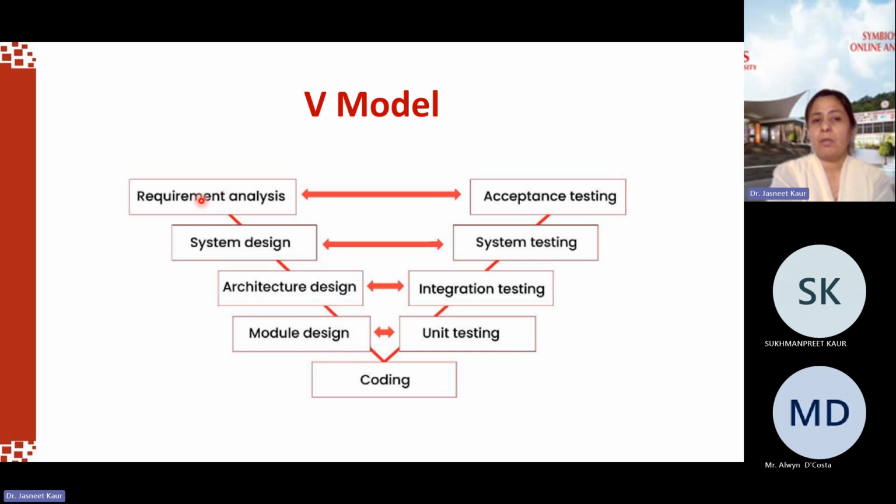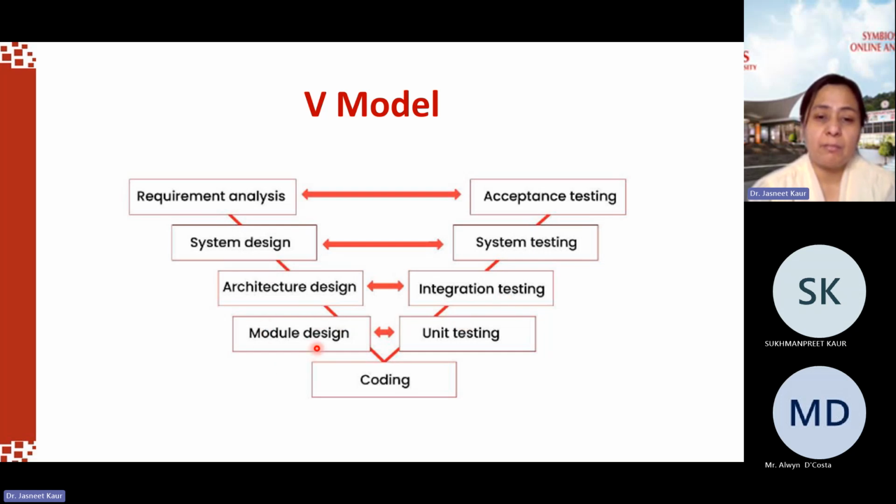Whatever requirements you are taking, then acceptance testing, then you are designing. Here you are doing architecture design, and parallelly you are doing integration testing. For the design, you are planning the integration testing.